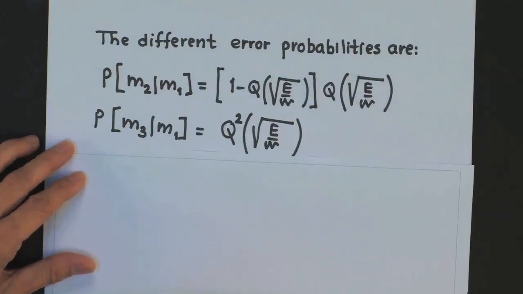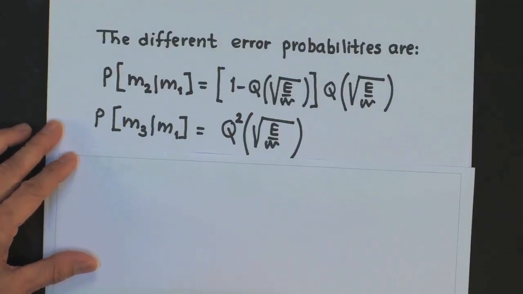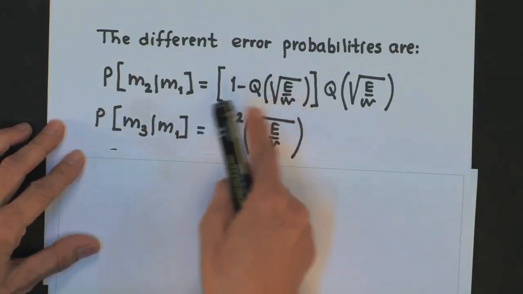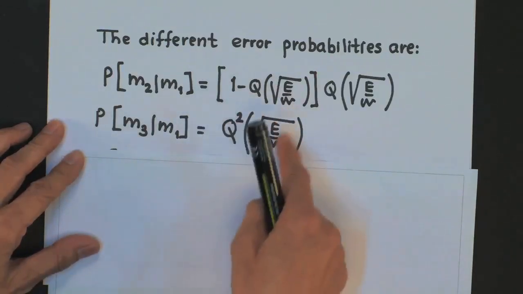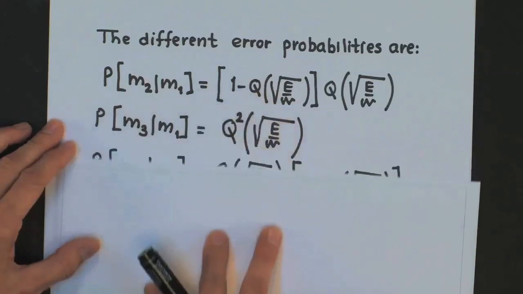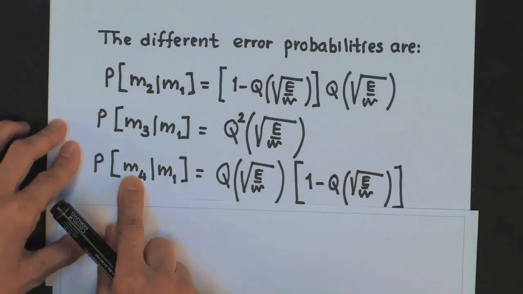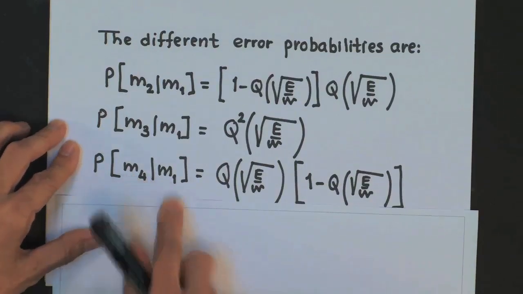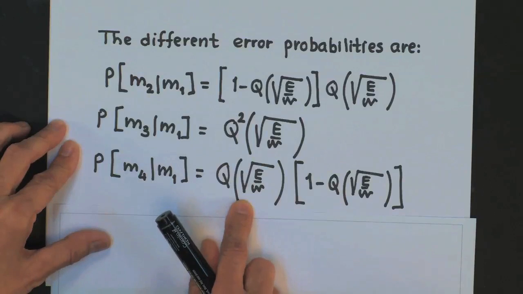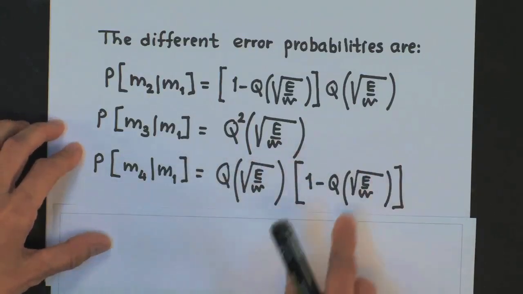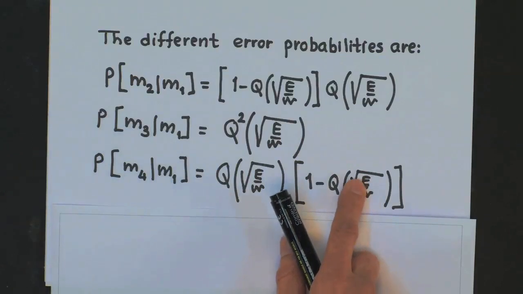Similarly, the probability of decoding M1 as M3 would be given by this expression, because we want both the bits to go in error, and the probability of decoding as M4 given M1 would be that the first bit goes in error, which is equal to this, and the second bit received is correct. So, it would be this value.